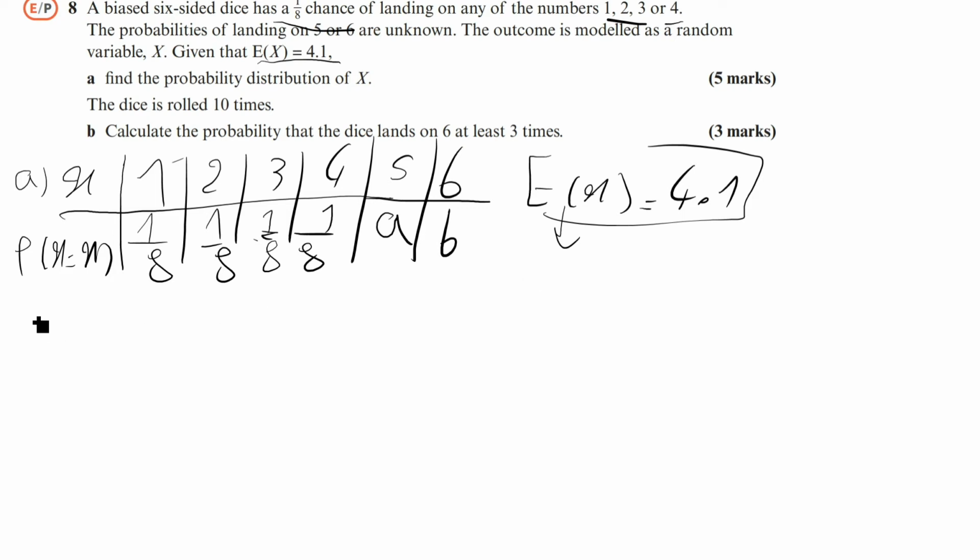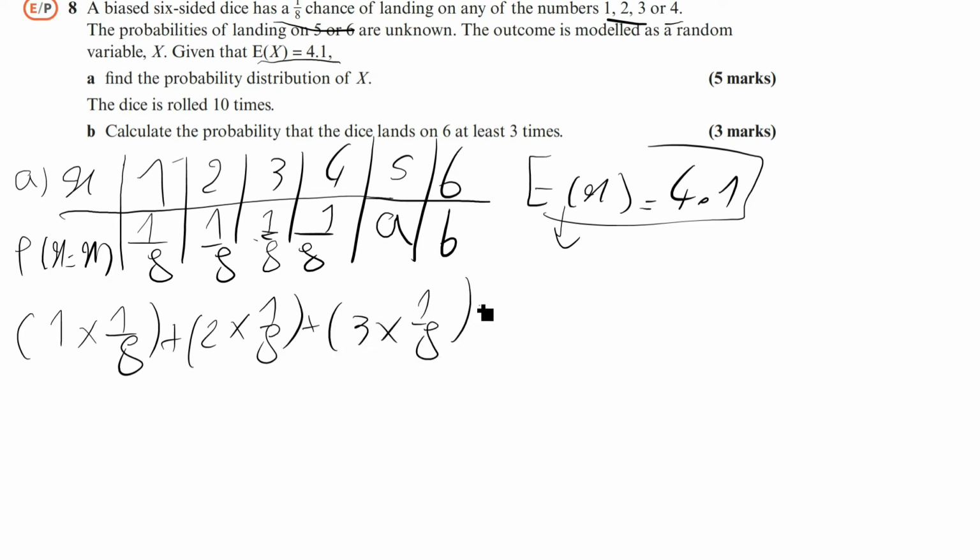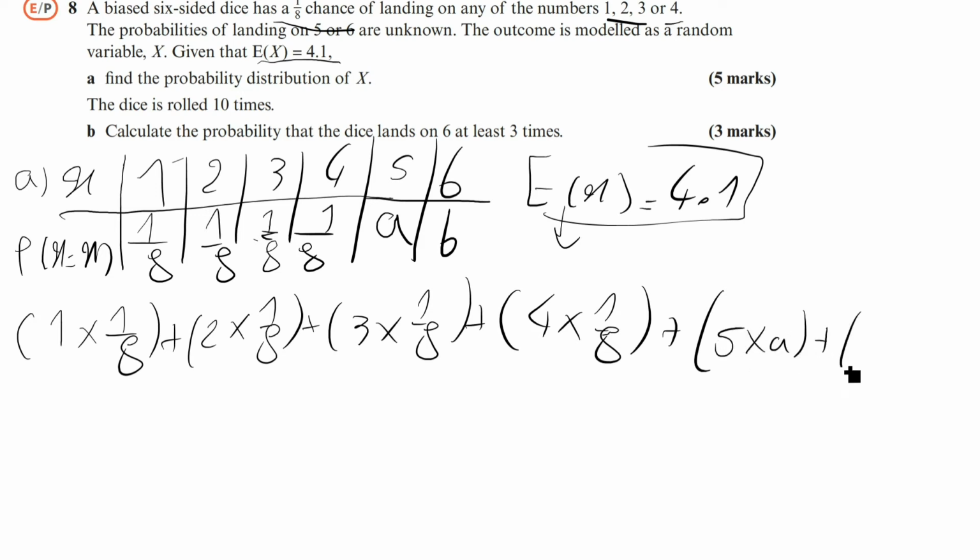So 1 times 1/8 plus 2 times 1/8, and so on, which is equal to 4.1.